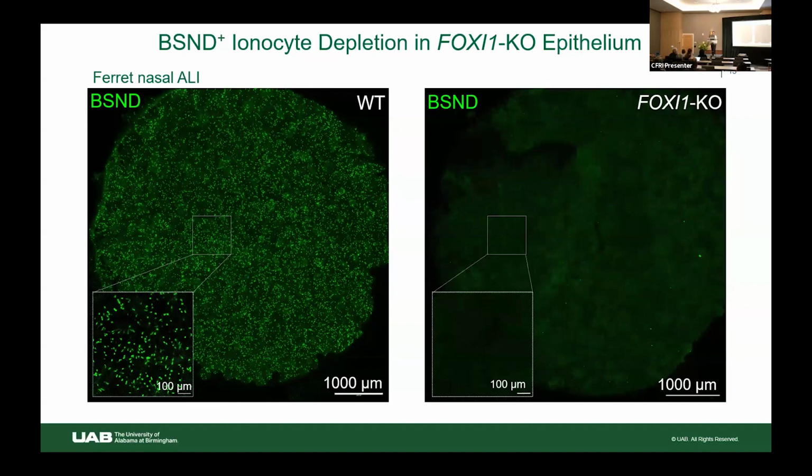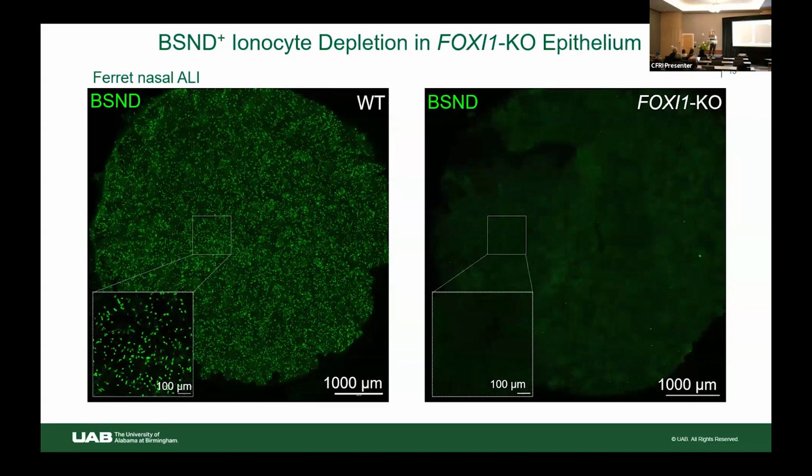So here we used ferret nasal basal cells to generate the air-liquid interface culture system. As we can see in the image, this culture system really shows very high density and stable ionocyte numbers in those wild type ferrets.